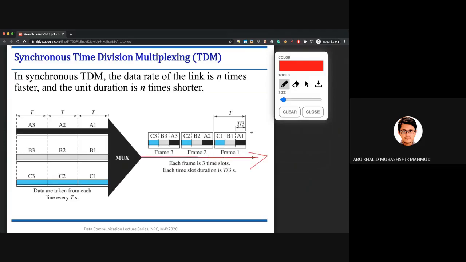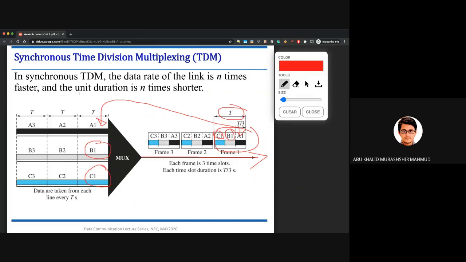What we have here is that for the sending frame, for a duration of t seconds, this A1 is the first portion of channel A, this B1 is the first portion of channel B, and this C1 is the first portion of the channel C data. These are combined together to form this frame, and these are transmitted towards the receiver.